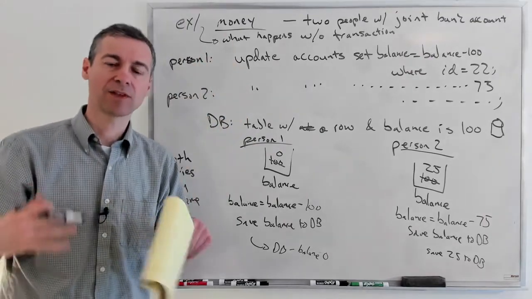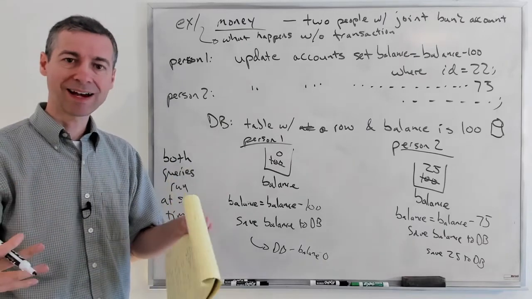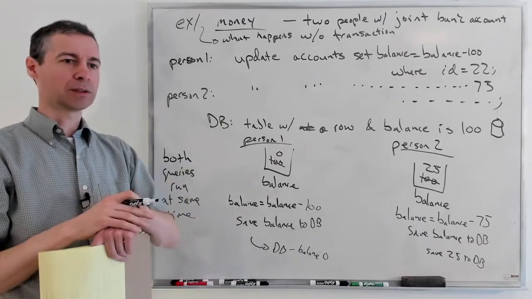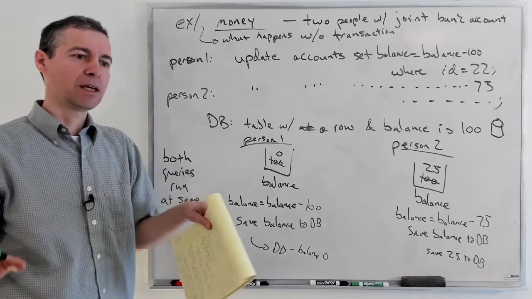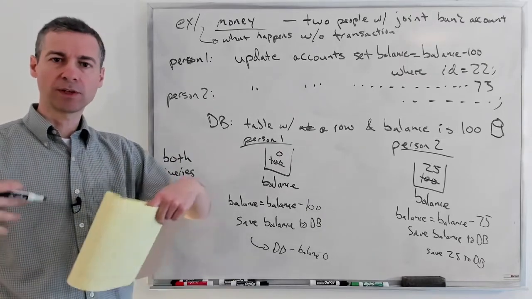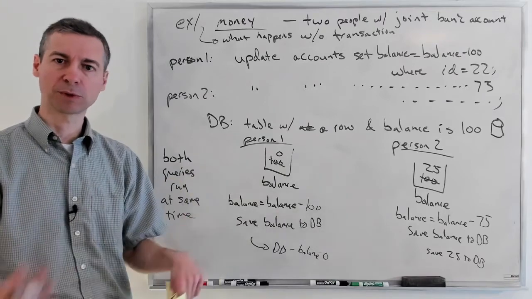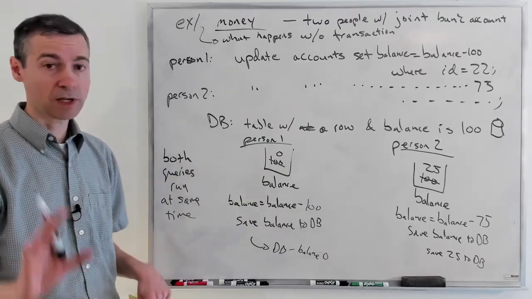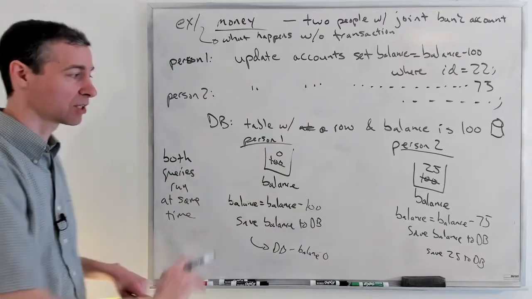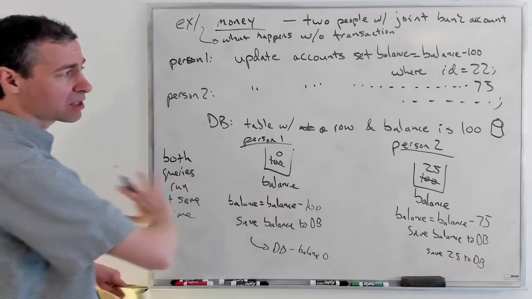We can't have them happen at the same time, but we don't want mandated serial notions. We want everything to behave and act as though it is concurrent, such that we have maximum performance for our database. So it's actually quite complex. But transactions protect us and handle this sort of stuff.